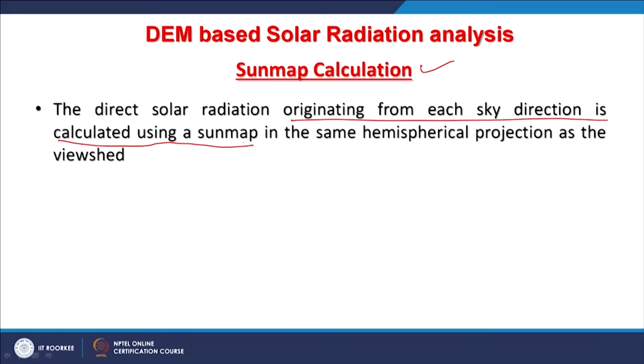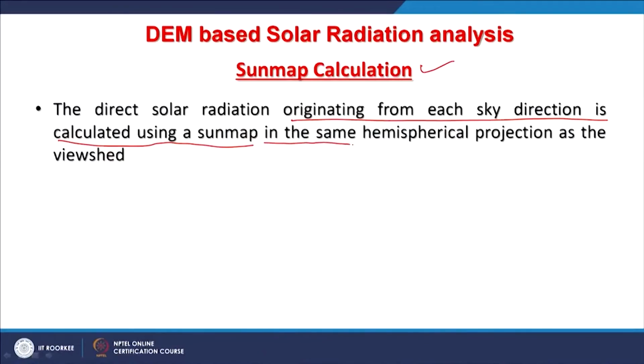Remember that the position of the sun is changing relative to the earth, so these are all dynamic things. If we want a more accurate estimation for a particular location or an area, then all those things have to be kept in mind while doing the calculation.